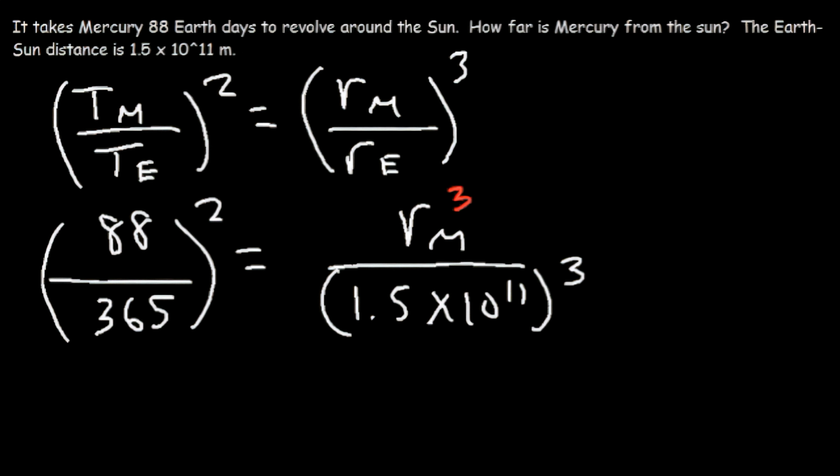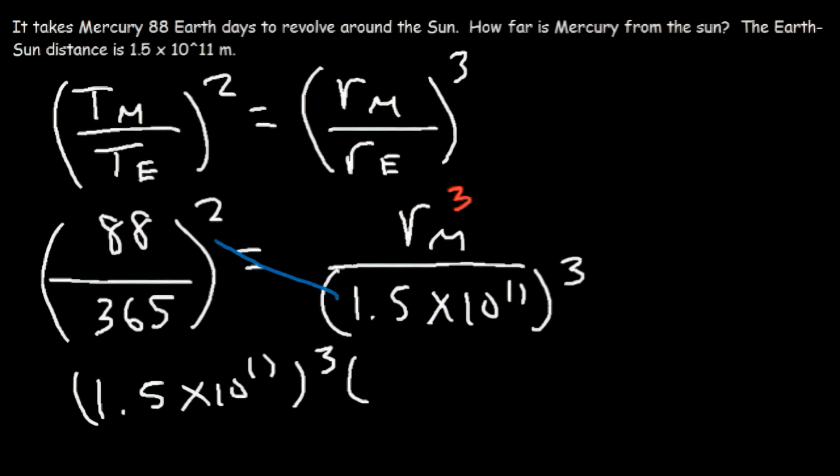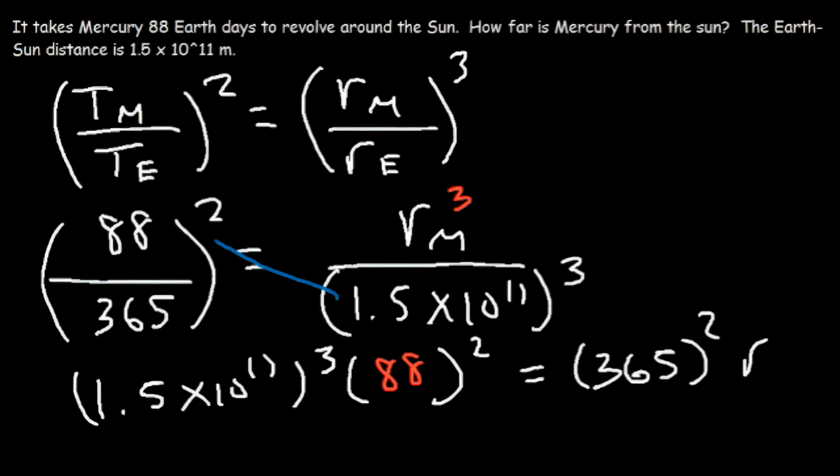So let's cross multiply. So what we have is 1.5 times 10 to the 11 raised to the third times 88 squared, which equals 365 squared times R cubed if we cross multiply.